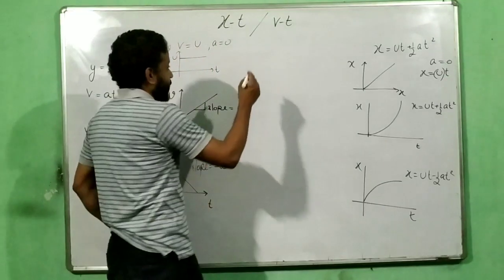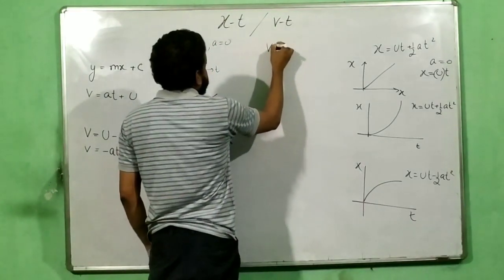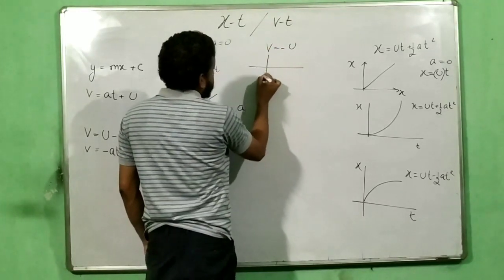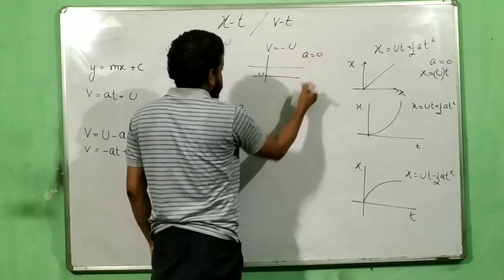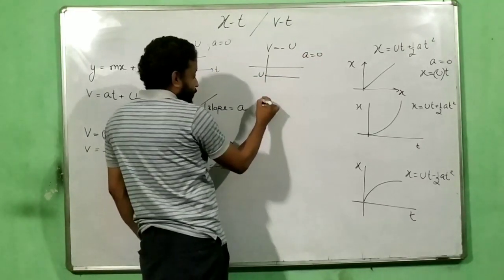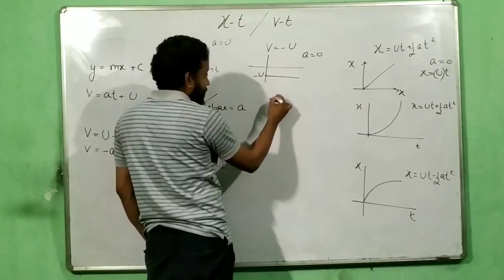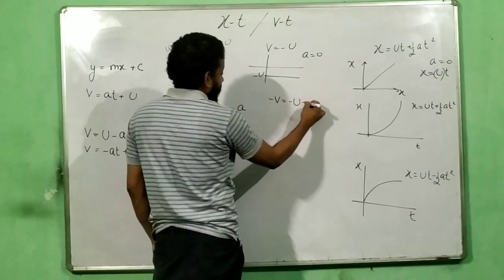So, for example, a body is moving in a negative direction. Let us say the value of v is minus u. In that case, it will start from here as minus u, and the graph will be like this with a equals to 0. Suppose now we have a situation that my velocity is negative, that is minus v equals to minus u plus at.